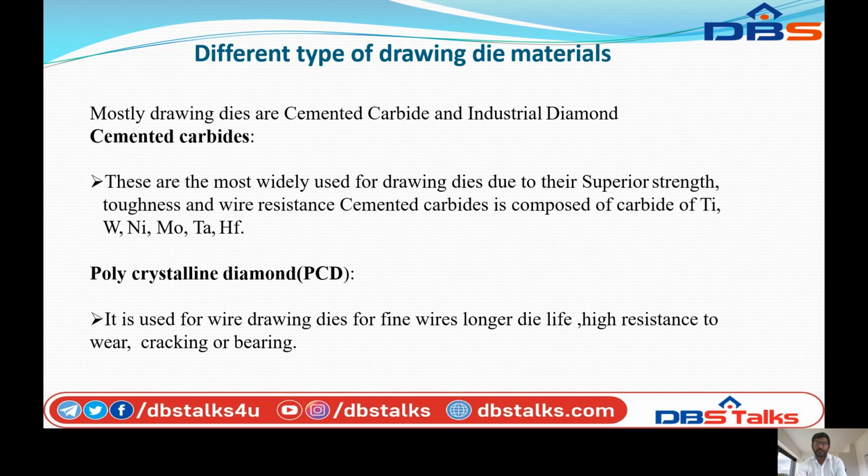Cemented carbide is composed of carbides of Ti, W, Ni, Mo, Ta, Hf. These are the cemented carbide materials.